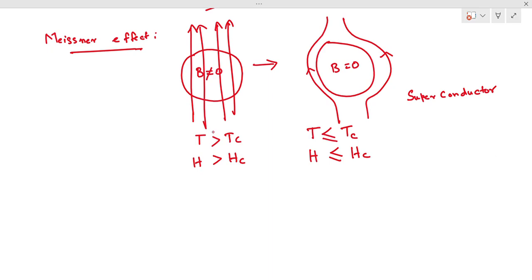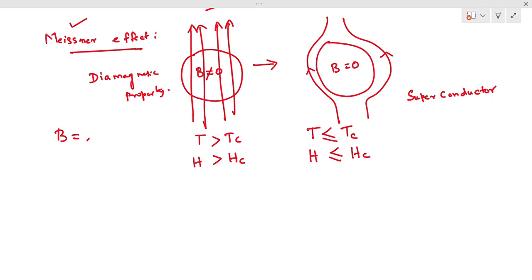This property of the superconductor is similar to that of a diamagnetic material. This effect is said to be the Meissner effect because this was first observed by the scientist Meissner.